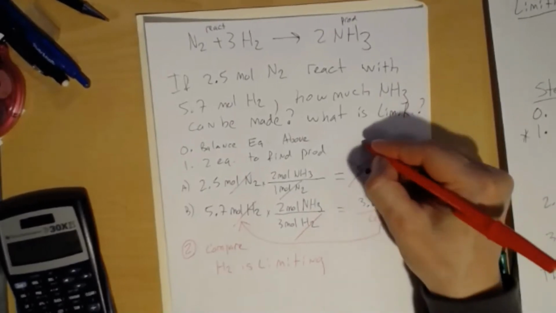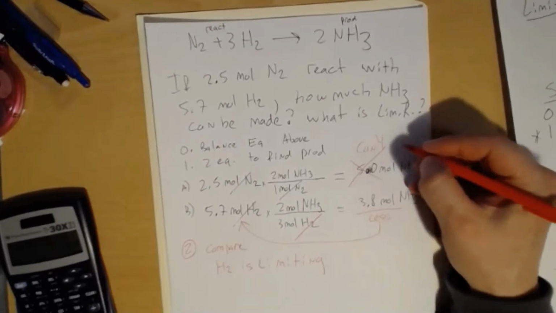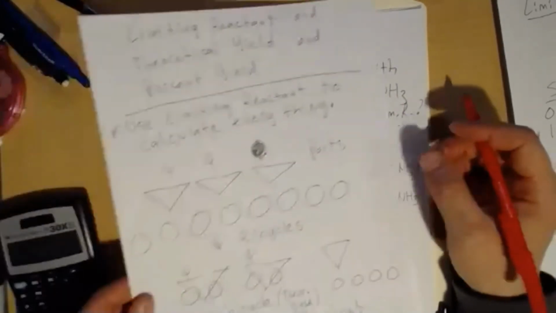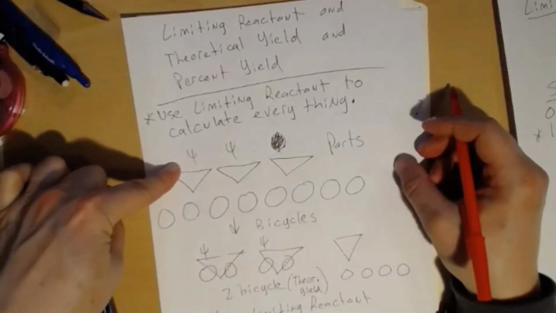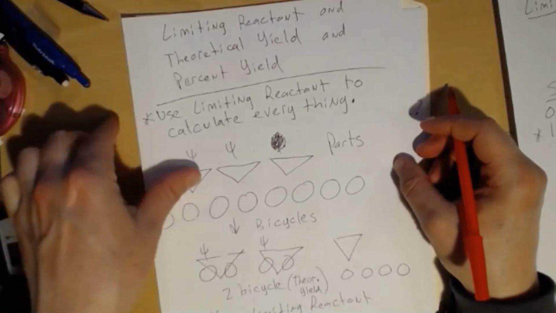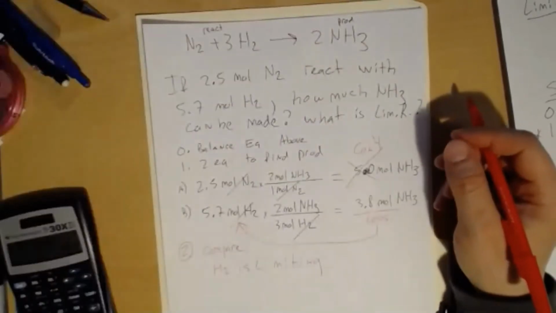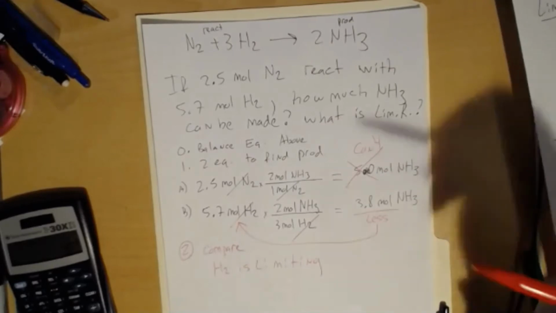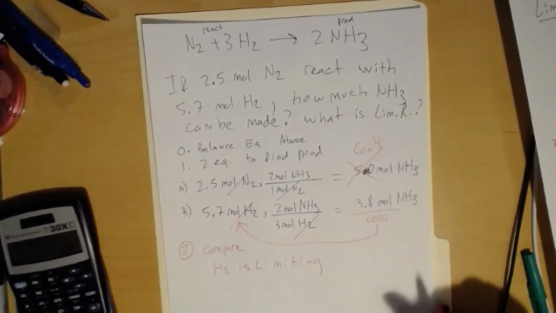We can't make 5 moles of ammonia. Why not? I mean, think about my bicycle factory. I can't make 3 bicycles. I'd like to make 3 bicycles. I can't, right? I run out of handlebars. So I can't make 5 moles of ammonia. I can only make 3.8.